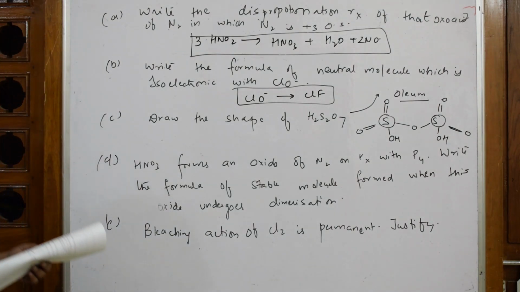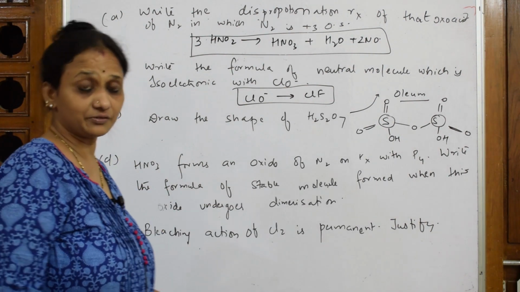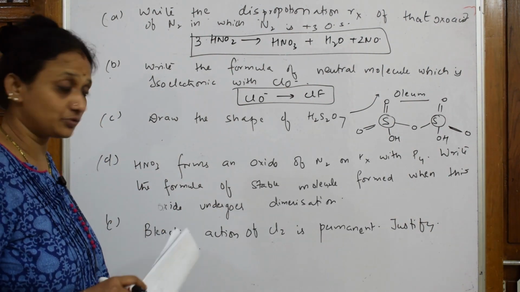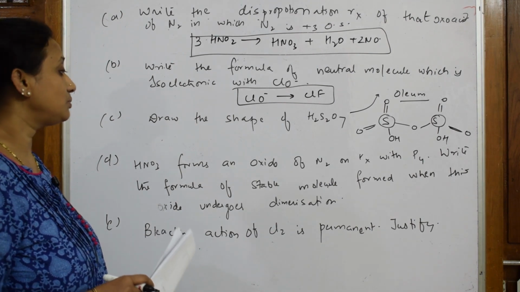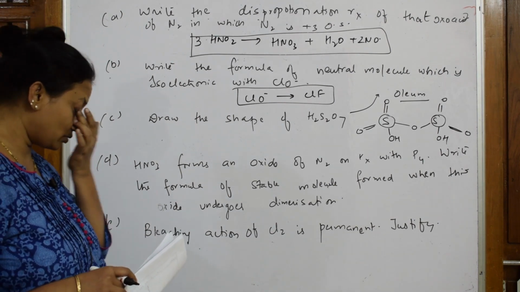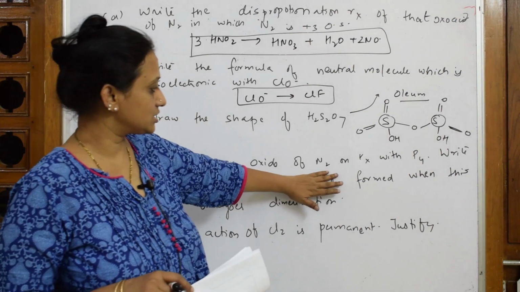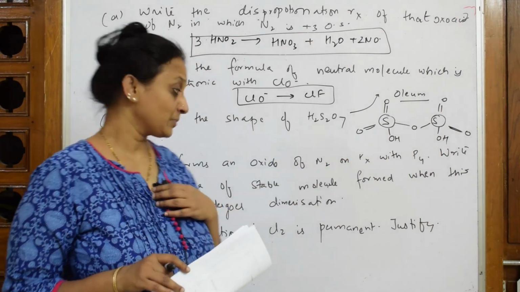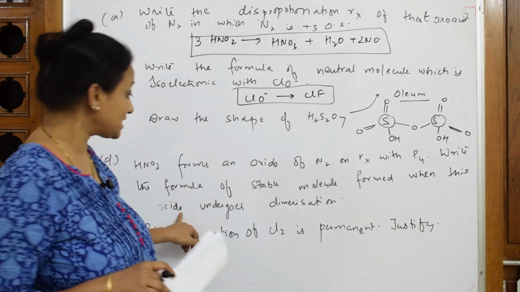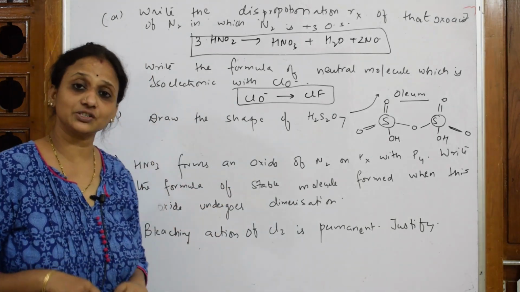Done. HNO3 forms an oxide of nitrogen on reaction with P4. Okay, here I've taught you reactions of phosphorus. Go through that. Write the formula of the stable molecule formed when its oxide undergoes dimerization. Okay, don't get confused. Nitrogen itself is undergoing reaction with phosphorus. Now the oxide of it undergoes dimerization.